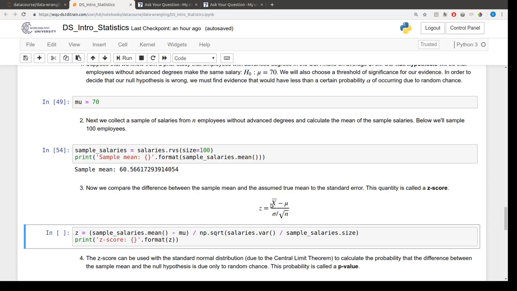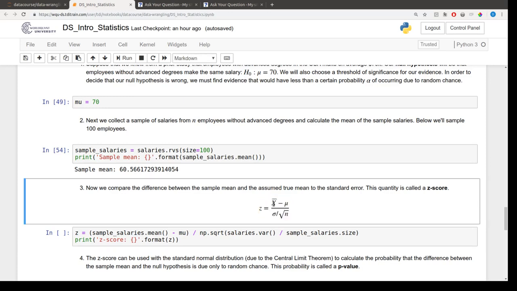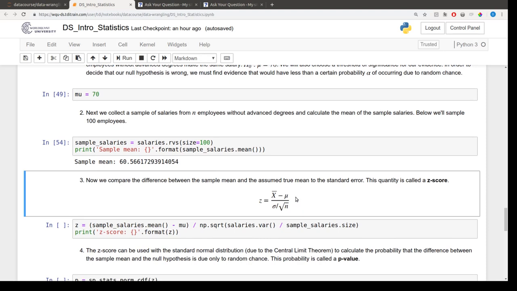What we need to know right now is that we want to compare the difference between our sample mean and our null hypothesis mean to the standard error. So I calculate the standard deviation from my sample, and I divide by the square root of my sample size. And that quantity is called a z-score.